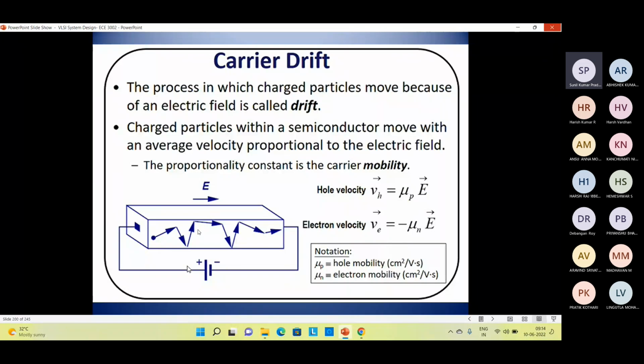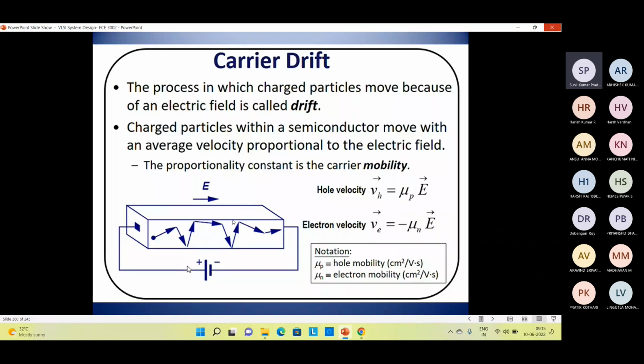Now, in this diagram, you can see a collision of electrons. This electron may collide with another electron, and again collide, so it follows a zigzag path. The average velocity attained by this electron we also call the drift velocity.